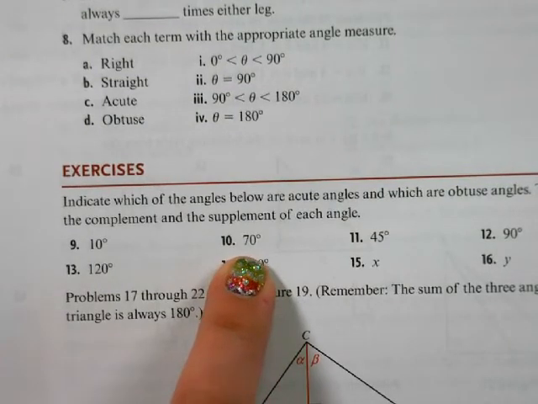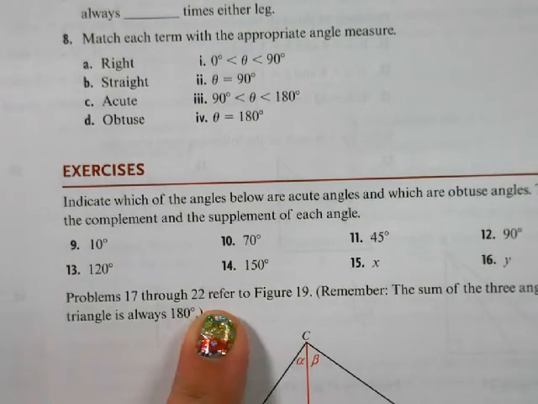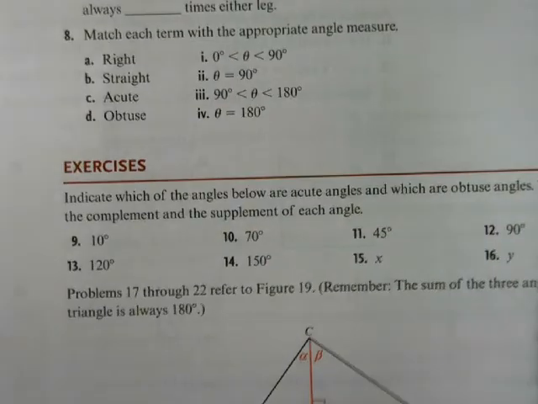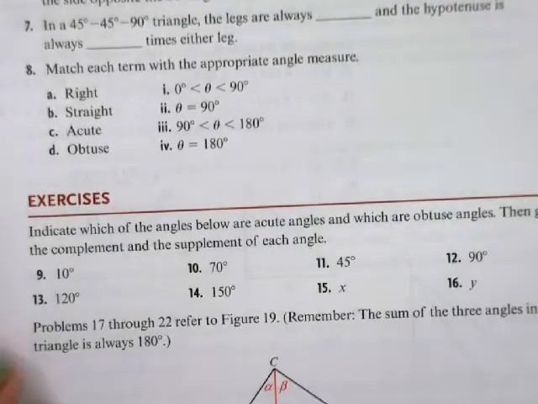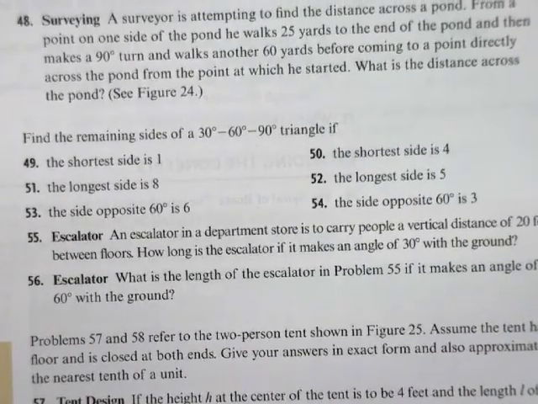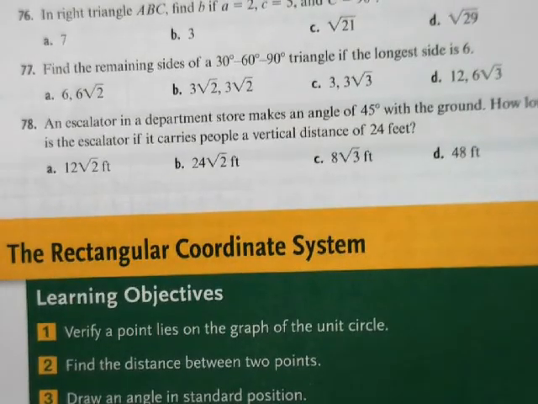So 10, it says, tell me whether it's acute or obtuse, and then tell me its supplement and its complement. Like I said, those should go fast. Okay? Through 54. I think on some of these you're going to use the Pythagorean Theorem. 30, 60, 90 triangles, 45, 45, 90 triangles. Yeah, that's where it ends.